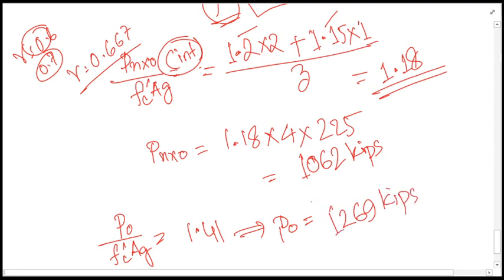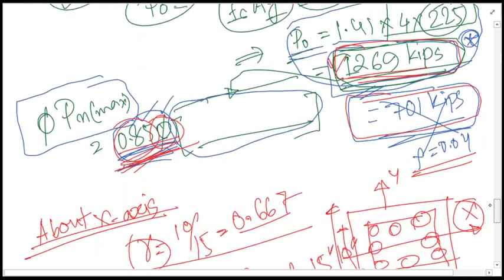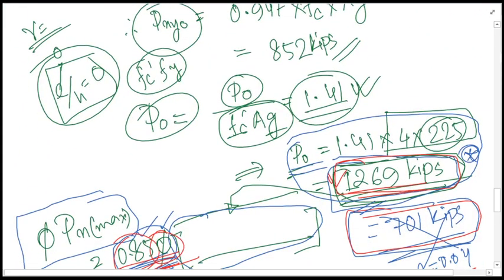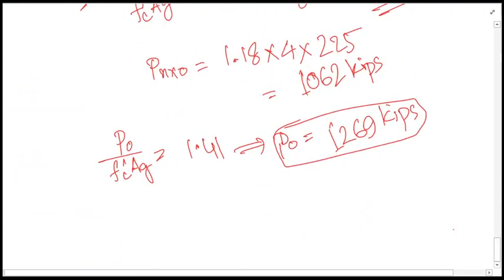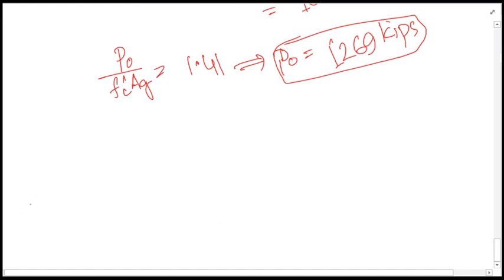This one is very much important for us. This P naught, whether we take it from this one or that one, it doesn't matter. 1269, that is P naught. Now we will be calculating the reduced capacity according to the reciprocal method.